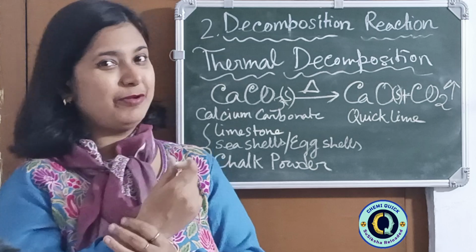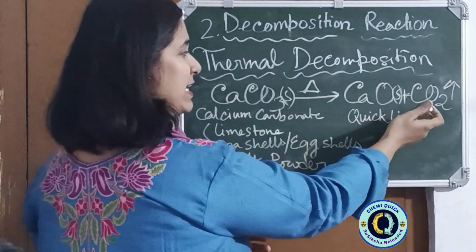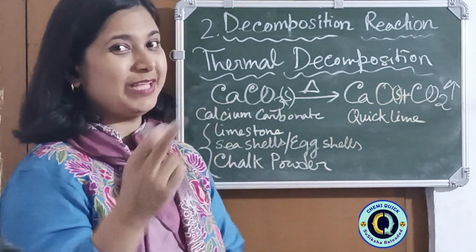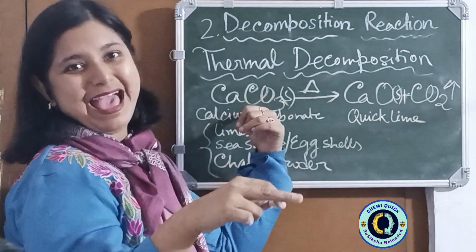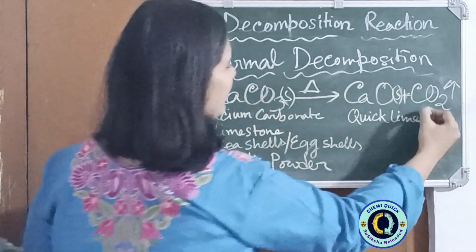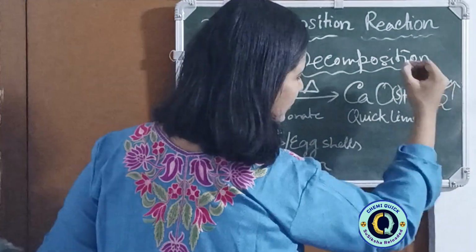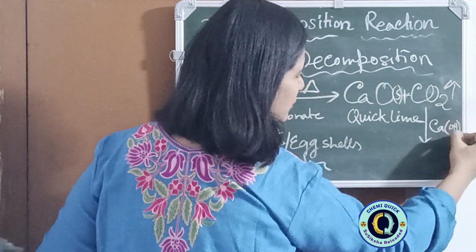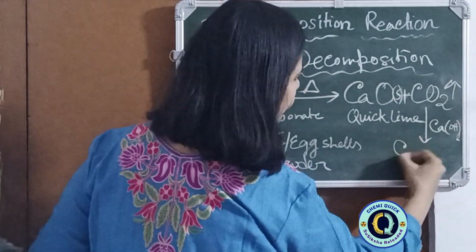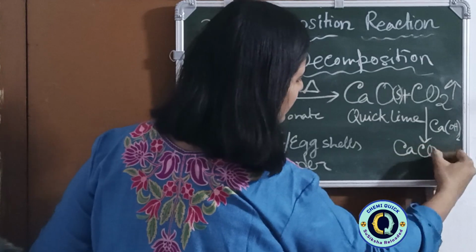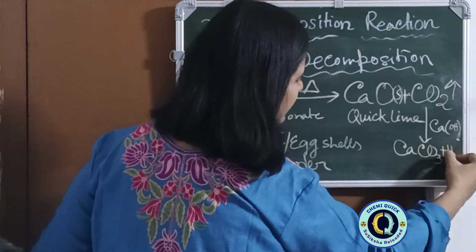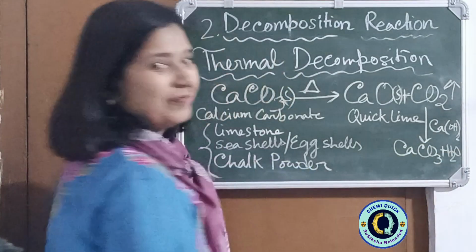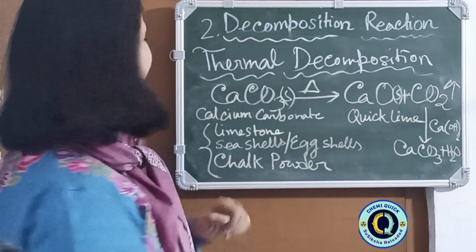And another beautiful thing happens. When this gas goes to the slaked lime, this one is back. How? Carbon dioxide in Ca(OH)2 gives back calcium carbonate. Beautiful, no?